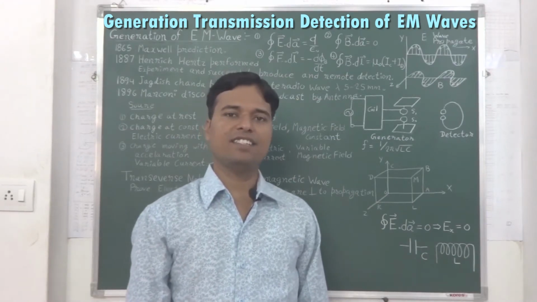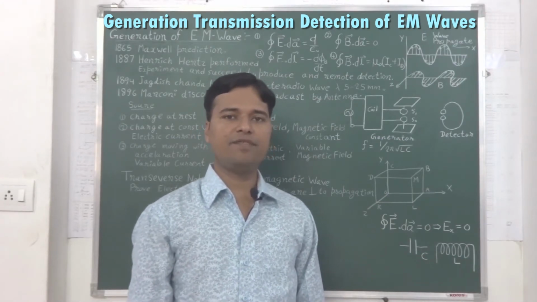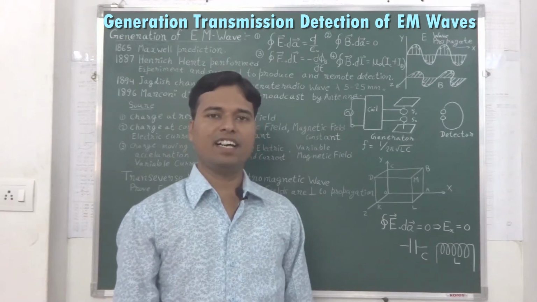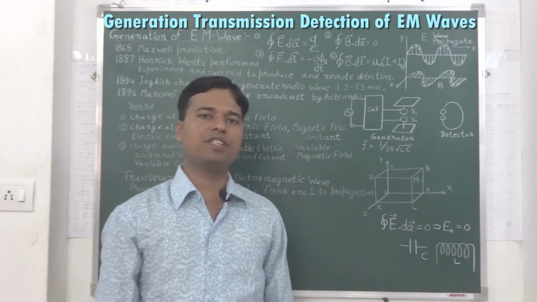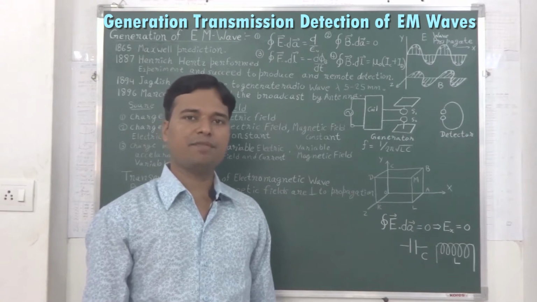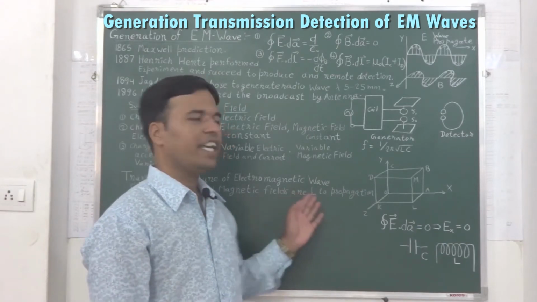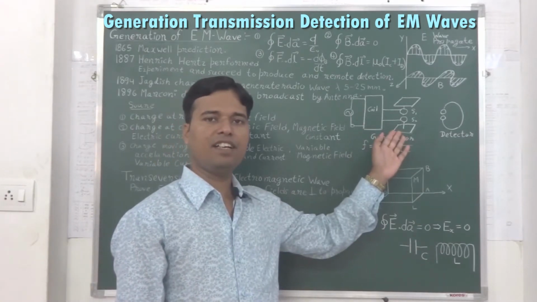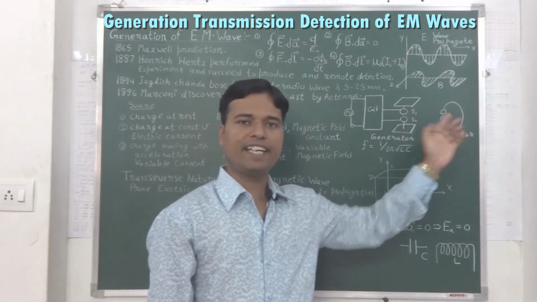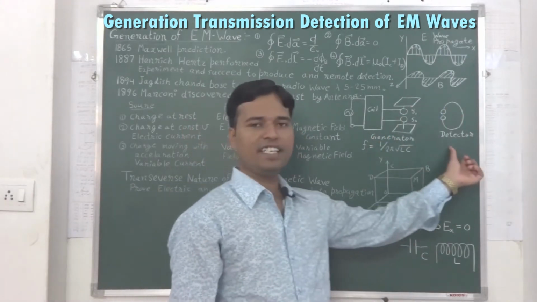He could detect this electromagnetic wave by an antenna. Now we are going to study the Hertz experiment by which he could generate the electromagnetic field and also detect it by an antenna.